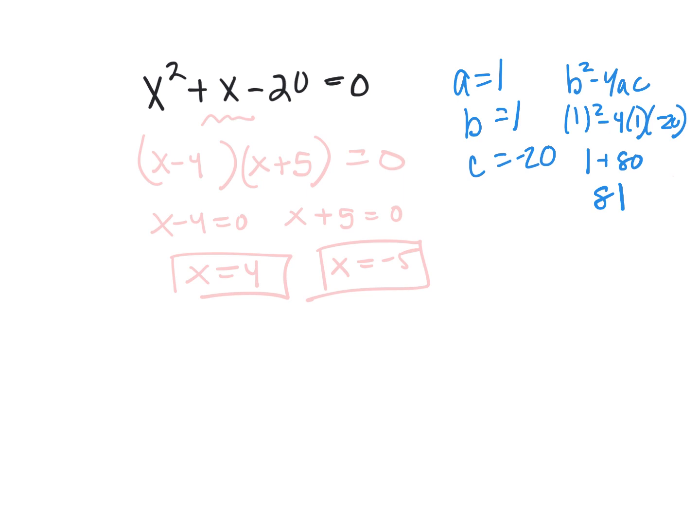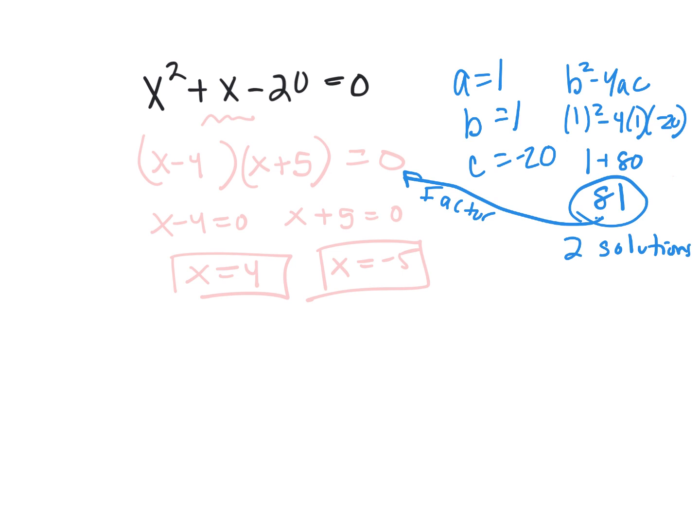Now, that positive 81 tells me two things. It tells me there's going to be two solutions, and so I need to keep working the quadratic formula. The other thing it tells me is, since it is a perfect square, that this problem does indeed factor. Now, at this point, you would have a choice. You might say, oh, let me go back and see if I can factor it.